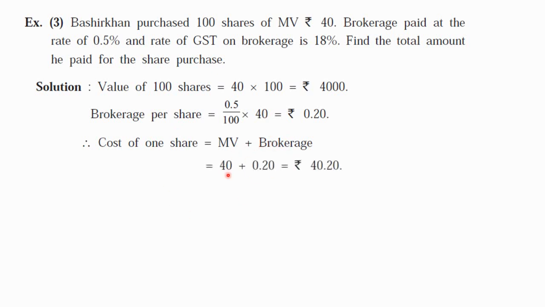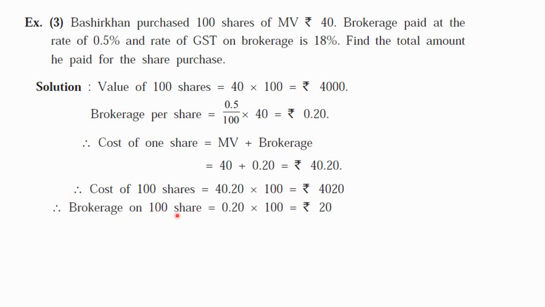So that will be 40 plus 0.20, and that will be rupees 40.20. So the cost of 100 such shares will be the cost of one share into 100, 40.20 into 100. So here you get rupees 4,020.